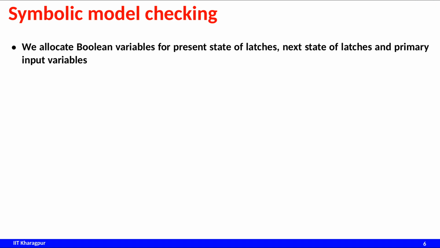Now we'll look into symbolic model checking. We said that we allocate the Boolean variables for the temporal formula as well as for the state transition system. How we do this for the state transition system, we will see here.